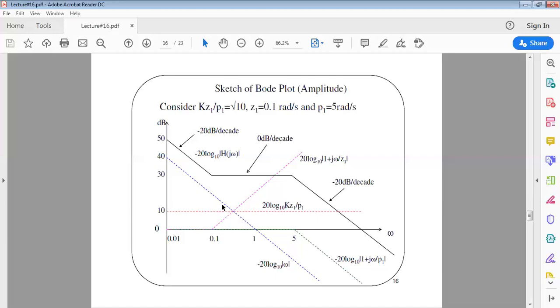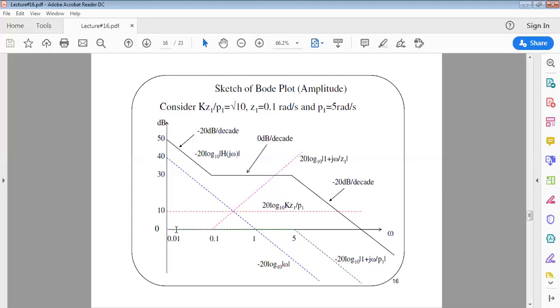Next is the real zero at 0.1. As we learned in the previous slides, for a frequency lower than 0.1, the amplitude is 0 dB, and for higher frequencies, bigger than 0.1, there should be a slope of positive 20 dB per decade.